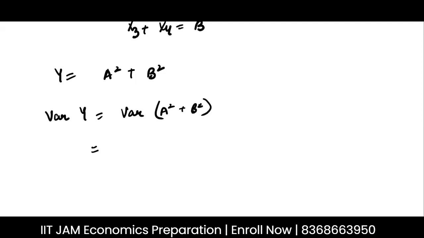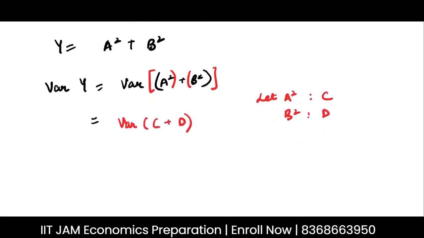Consider this as the first thing, and this as the second thing. I'm just taking A square as C and B square as D to simplify, you can revert it back. So it will be variance of C plus D, and variance of C plus D will be variance of C plus variance of D plus 2 covariance of C and D.